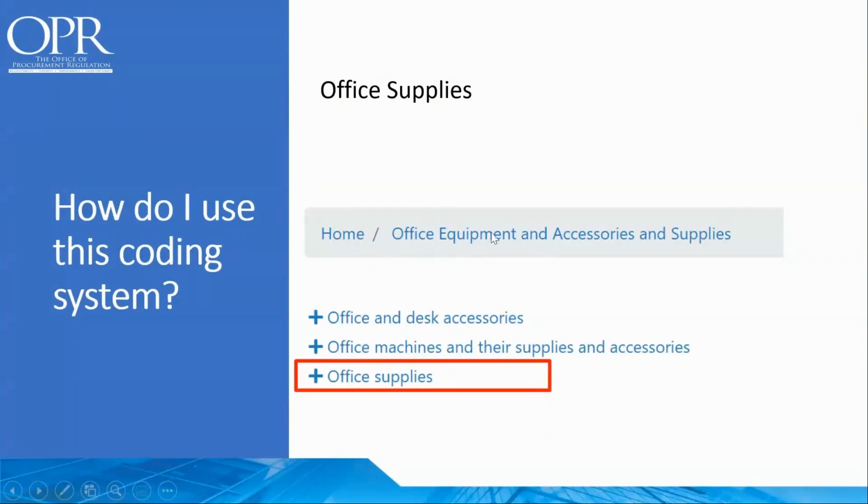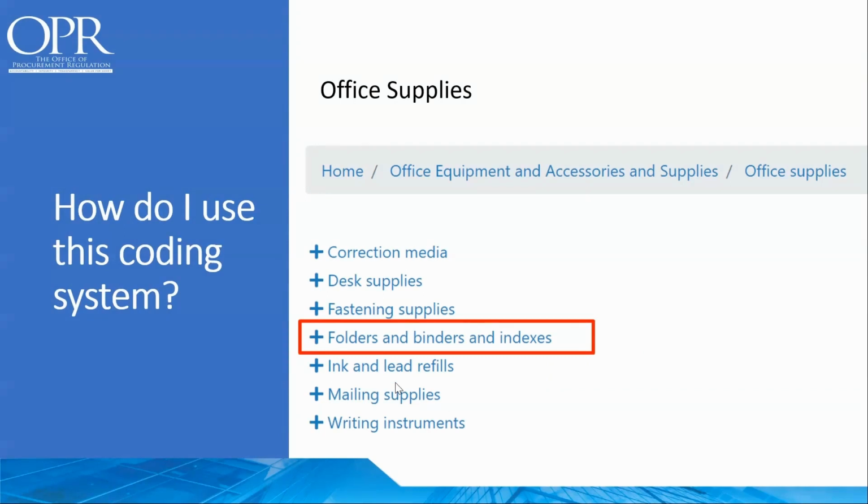will notice that the previous level always appears at the top here, and then we are presented with the next level, the second level. And so we will select the office supplies. At the third level, we're presented with 7 options, and we will want to select the option that's most fitting for us: folders and binders and indexes.